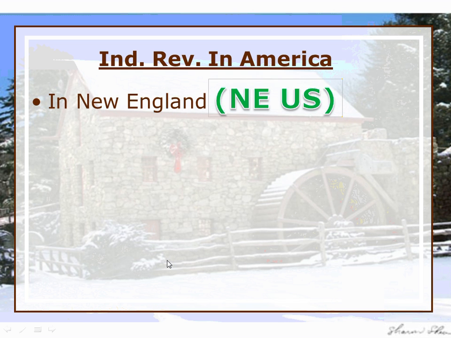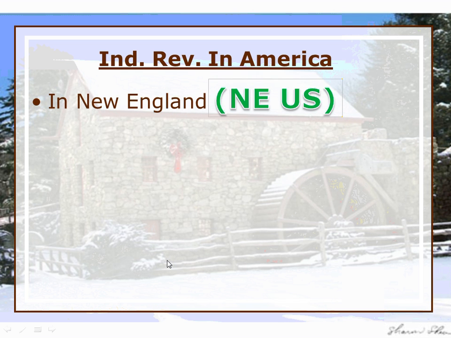Now, in New England, they don't have a lot of large farms. Why not? In New England at this time, you will find small farms, individual farms growing just for that family, sort of subsistence farming. Why aren't you going to get lots of large farms in New England? Yes. The soil was very poor.